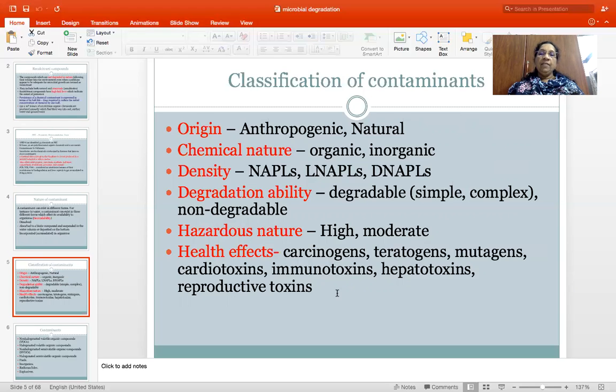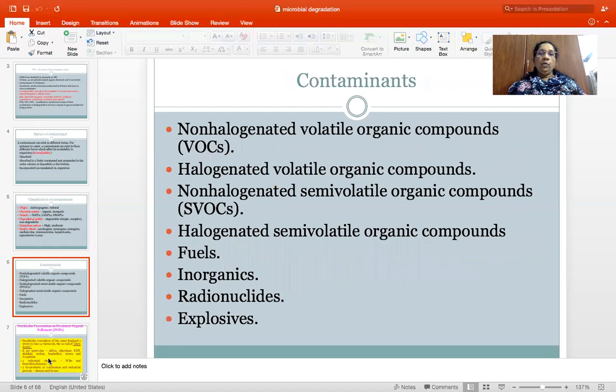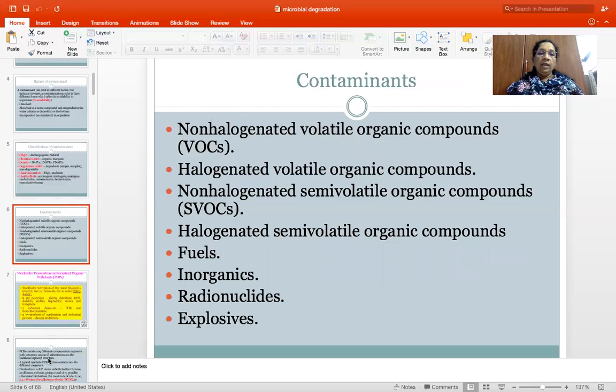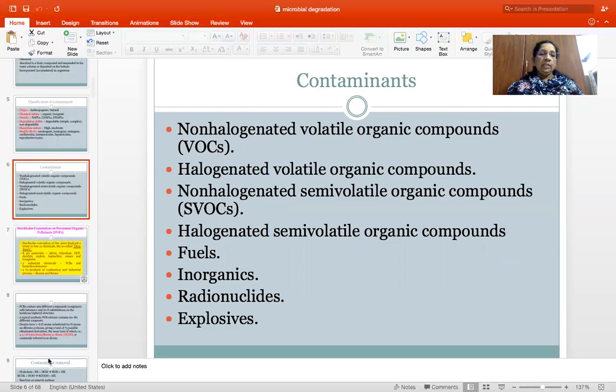Based on the health effects, they are classified as carcinogens, teratogens, mutagens, cardiotoxins, immunotoxins, hepatotoxins, and reproductive toxins. And based on the chemical nature, we can classify them as non-halogenated volatile organic compounds, halogenated volatile organic compounds, non-halogenated semi-volatile organic compounds, halogenated semi-volatile organic compounds, fuels, inorganics, radionuclides, and explosives.